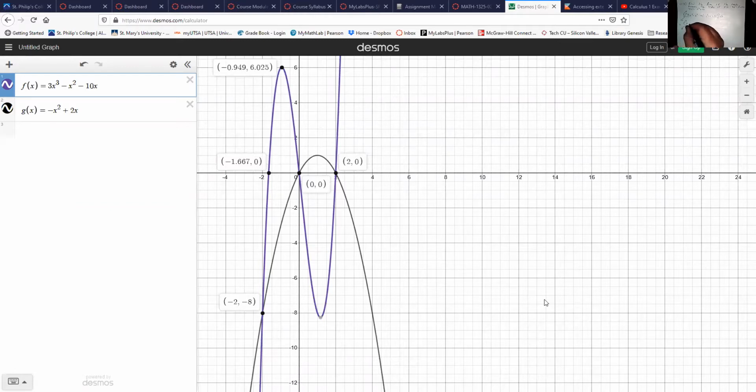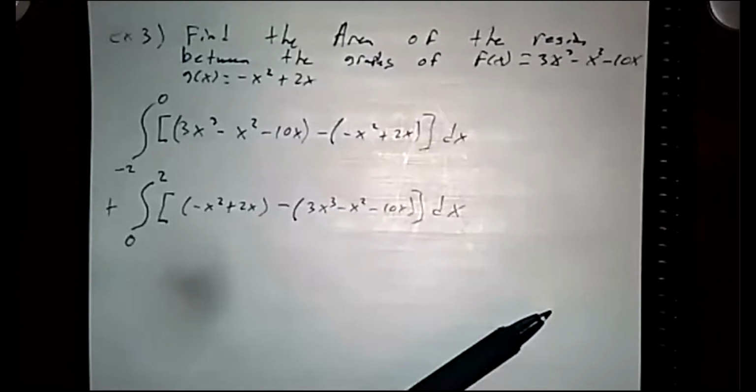So that will be negative x squared plus 2x, minus the bottom function, 3x cubed minus x squared minus 10x, dx. Okay. Any questions on how we form the second integral?